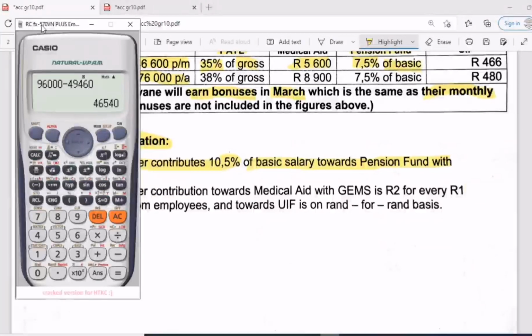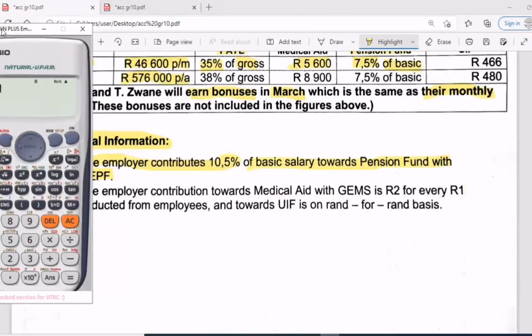So we're gonna take the basic salary for Kune of 46,600. We multiply this by the rate contributed by the employer, 10.5%. And that gives us 4,893.